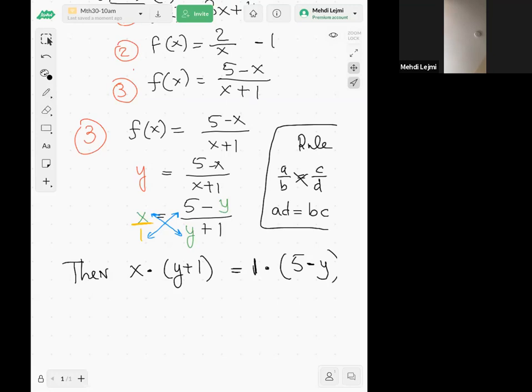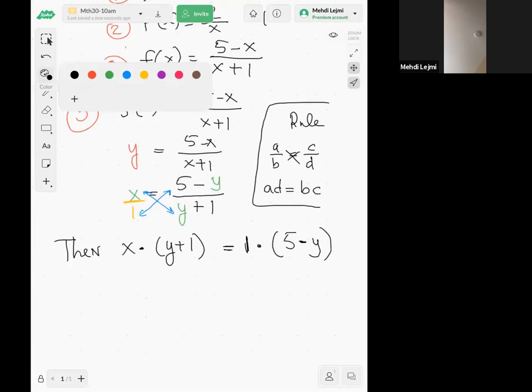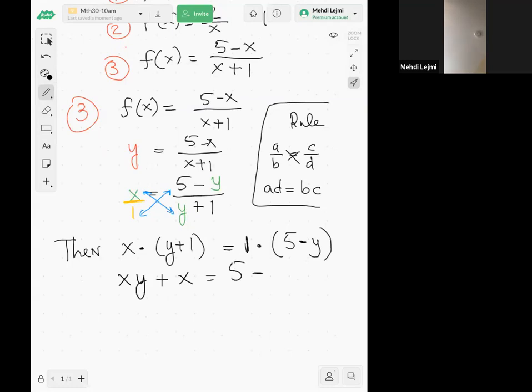All right, so now let's just distribute. Here I have XY plus X times 1. And on the right side, I have 1 times 5, so that's 5, minus 1 times Y, it's just Y, right? I want to solve for Y, so I'm going to move all the Y's to the left side.